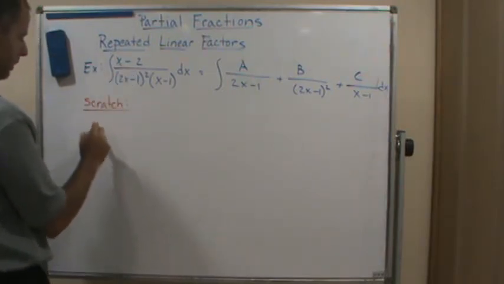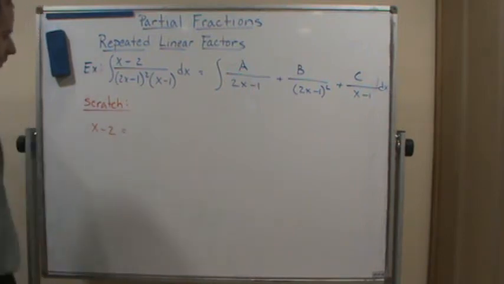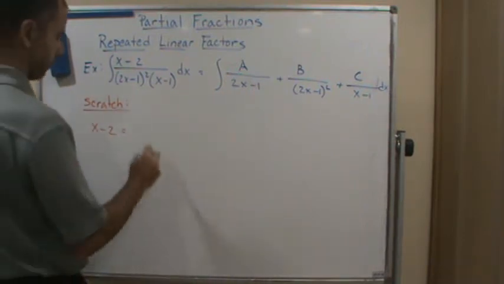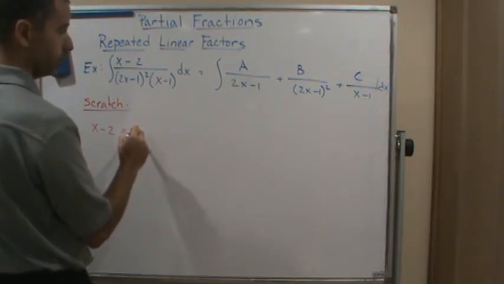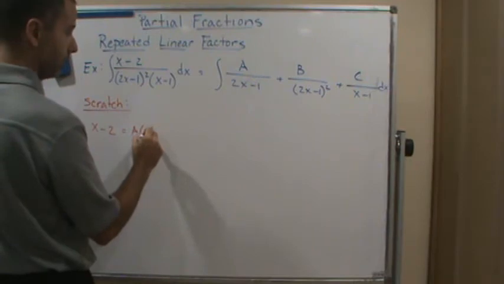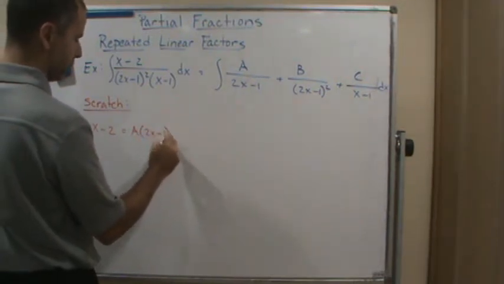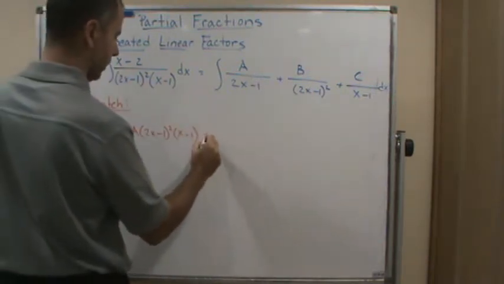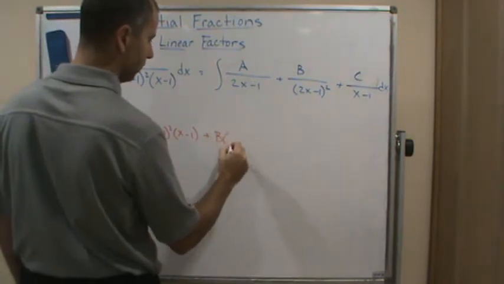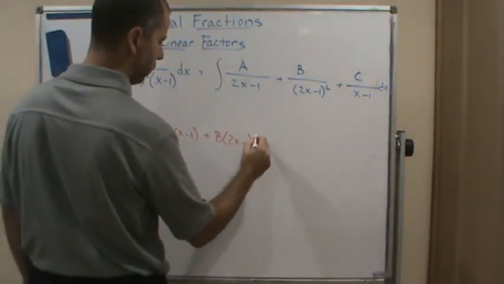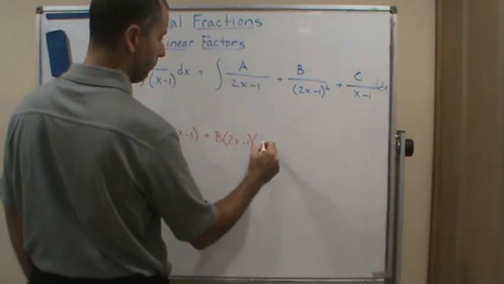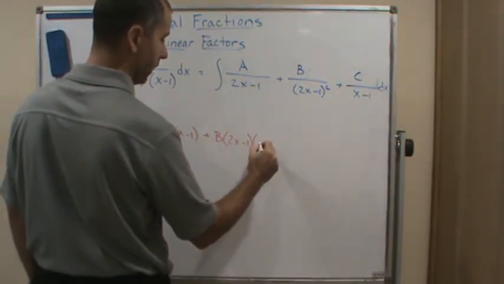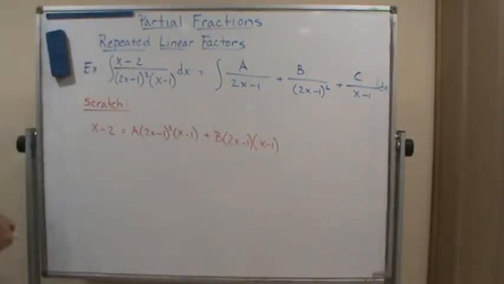So this is going to be x minus 2 is equal to, I'm going to get a times 2x minus 1 squared times x minus 1 plus b times 2x minus 1 times x minus 1, right?